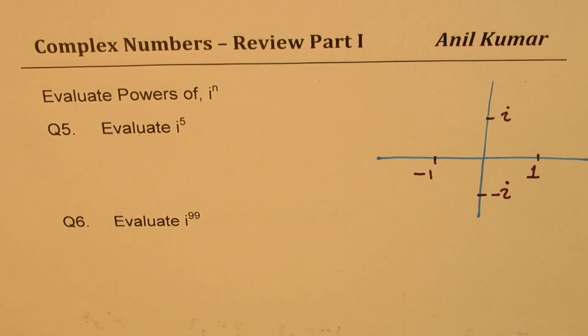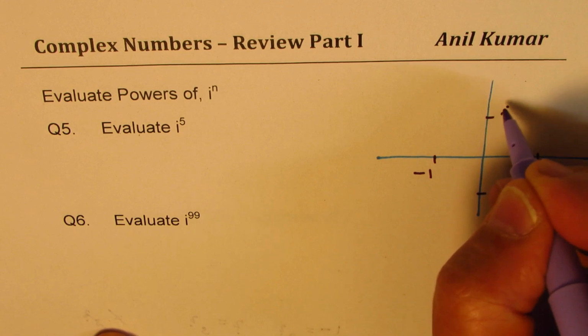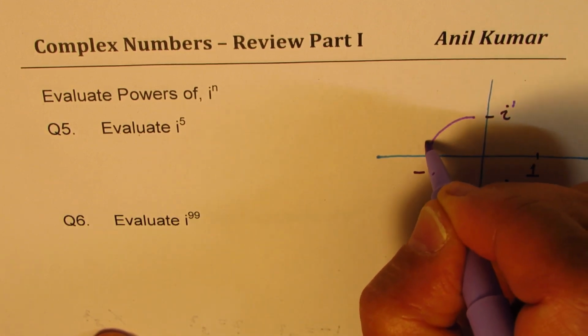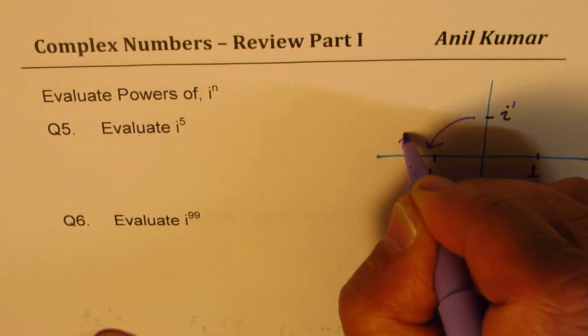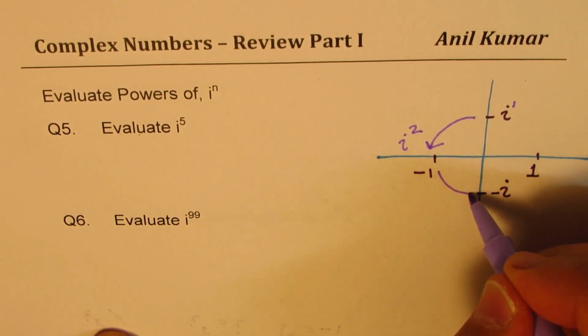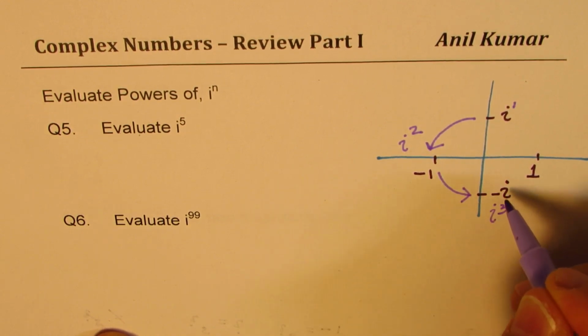So when you're working with powers of i, here we have i to the power of 1, correct? So when I multiply by another i, I get i squared, which is minus 1. And then when I multiply, I get i cubed, which is minus i.